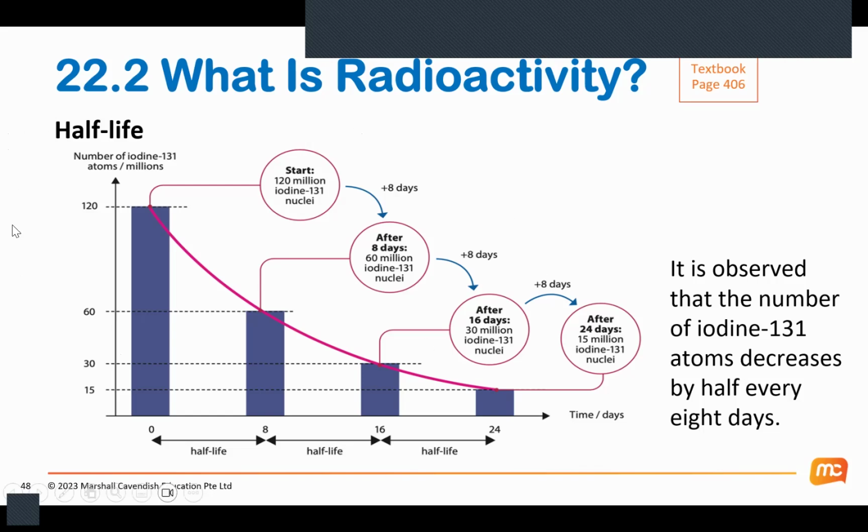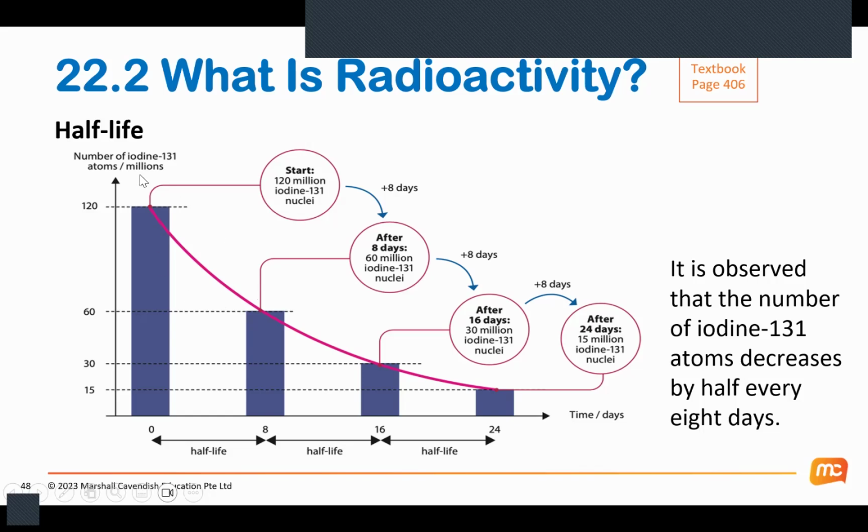And this is what we call a decay curve. It's an exponential decay curve. It's in an exponential shape, which means that I start from a particular number, I go down, but it will never reach zero, and it's at a decreasing rate.